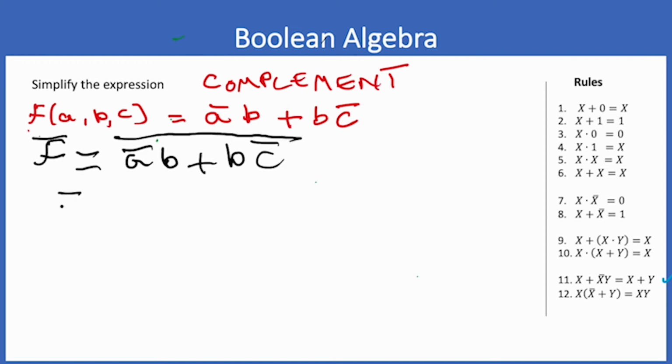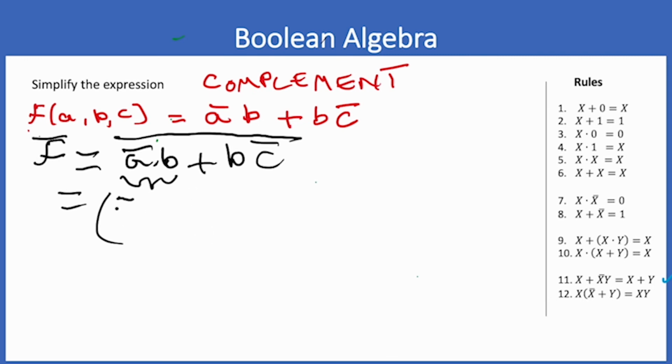Okay, De Morgan's law says that we take each individual term, and we complement each individual variable.